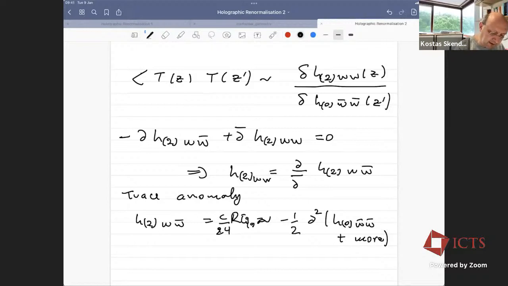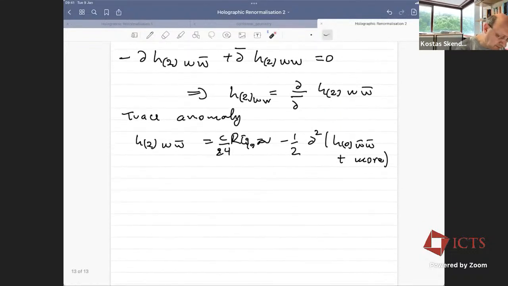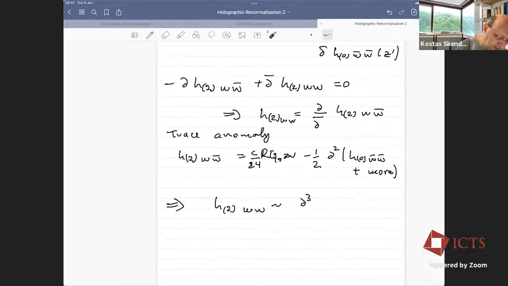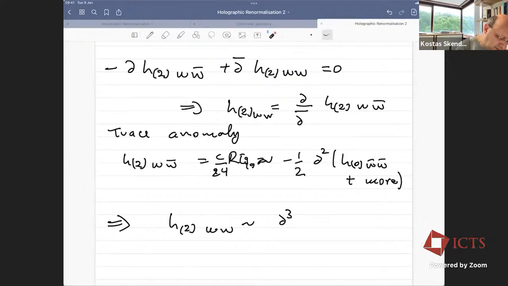So now from here, I can use this equation in the conservation. And you can see the two derivatives here add to this one.